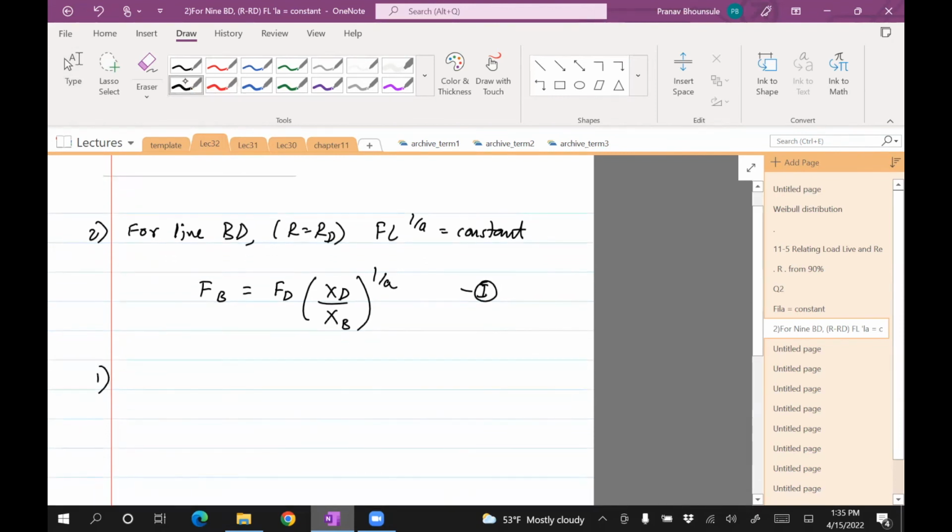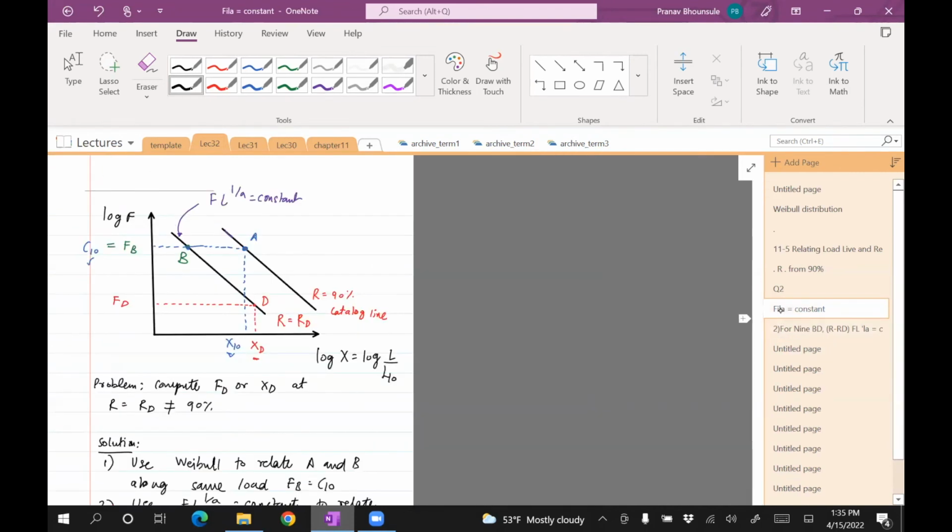And now what we'll do is at B and A, we can relate A and B using the reliability equation, which I wrote down earlier.